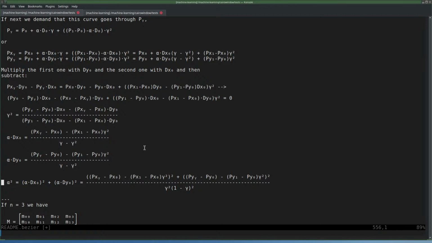And now let's write a program for it, so we can see if this is correct with the visual feedback.